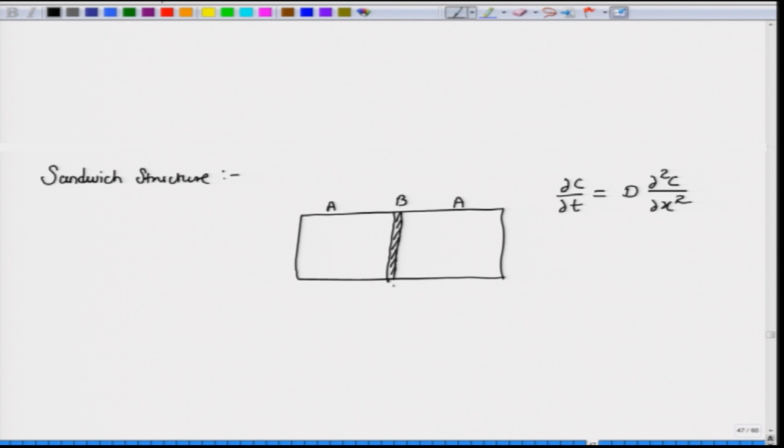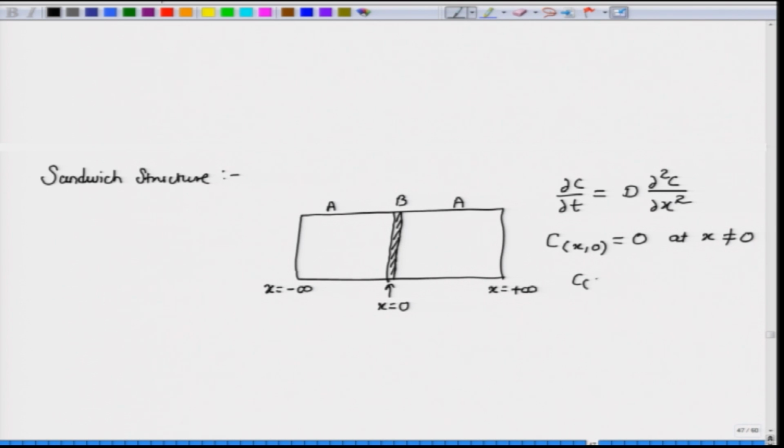So, initially we have C at any x at time t equal to 0 would be 0 at any x not equal to 0. So, this is x equal to 0, x equal to plus infinity and x equal to minus infinity.